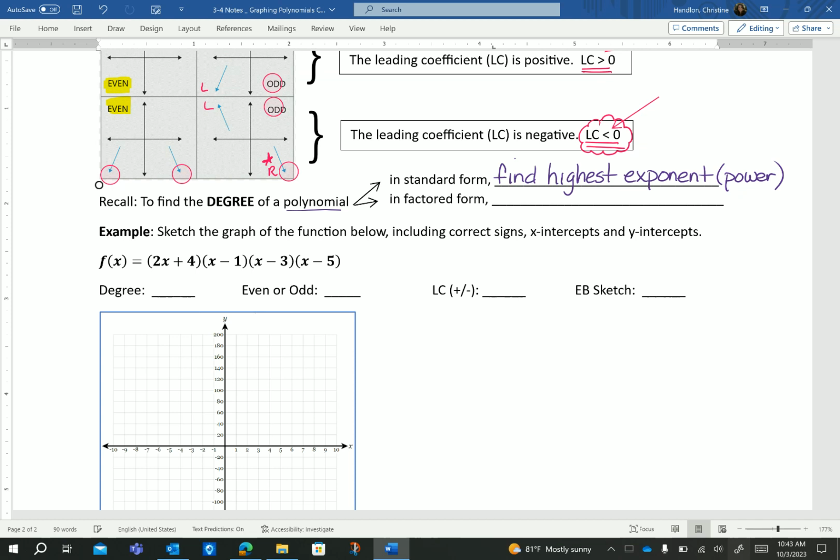Now, if it is in factored form, which is what you're going to see mostly in this section, you can remember it one of these two ways. You either add your multiplicities, let me write that again.